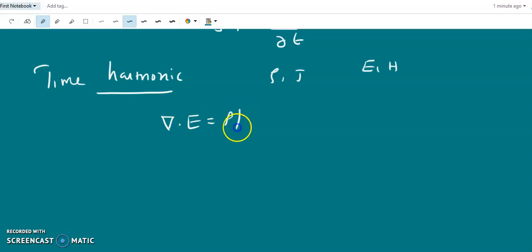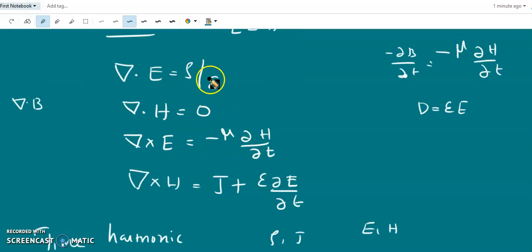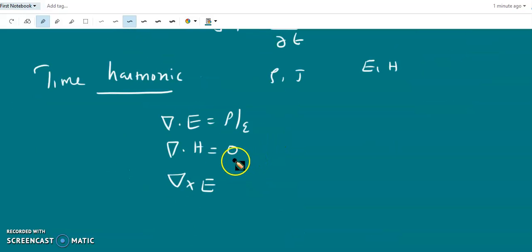Then del dot H is equal to 0, and del cross E is equal to minus jω mu H. In phasor notation, wherever ∂/∂t occurs, we replace it by jω.